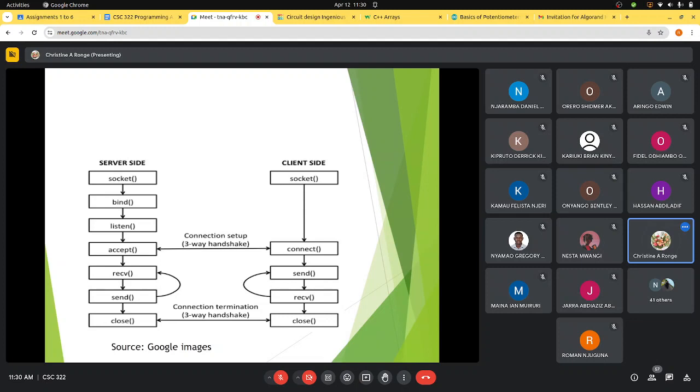So this one is waiting for the application to issue a close. This one is waiting to receive the final FIN so that it can close the connection. So when the application issues a close, then the transport layer sends a FIN to the other side, and this side goes into a closed connection state.